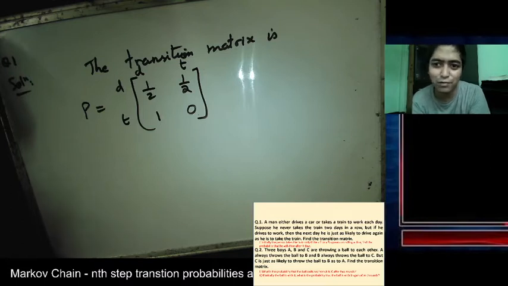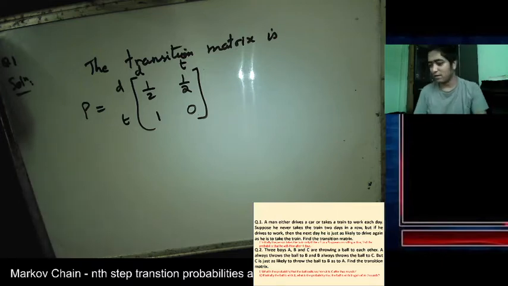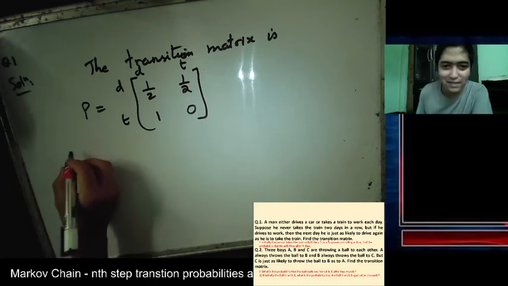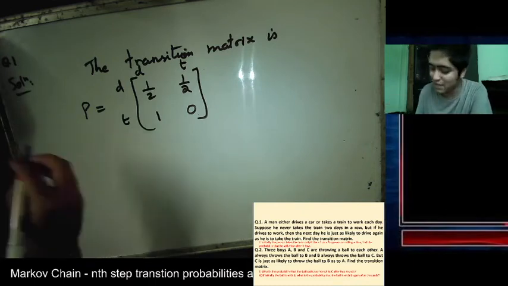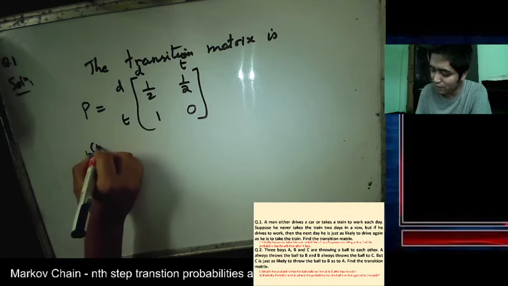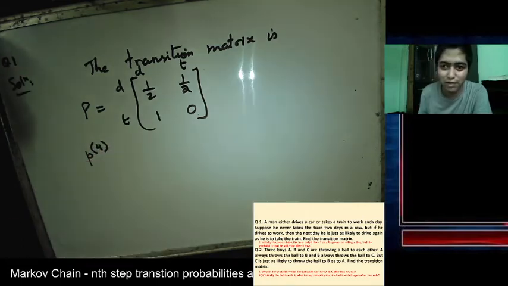We don't know what happened on the first day, second day, third day. It just asks us to find the probability that he will drive after 4 days. Since it is not relating to the change, we will need to find P4. I hope that is clear.